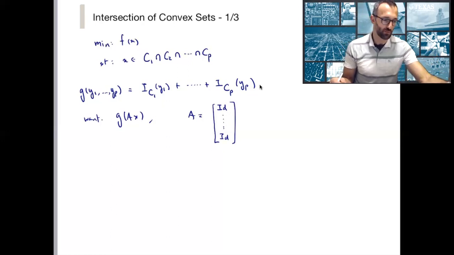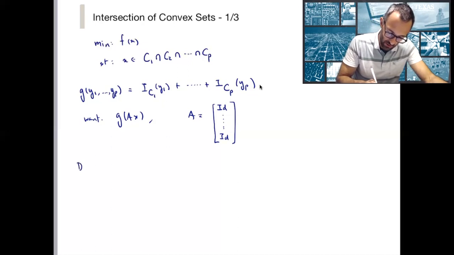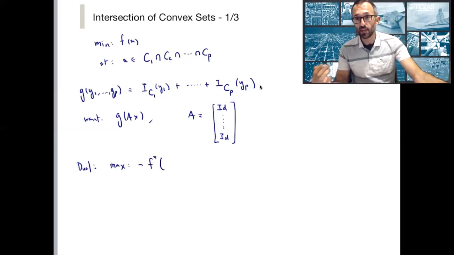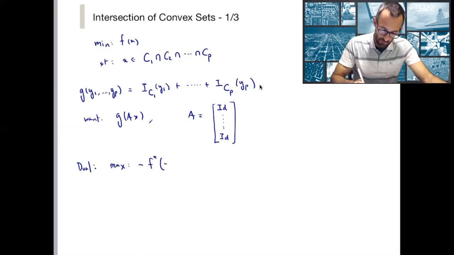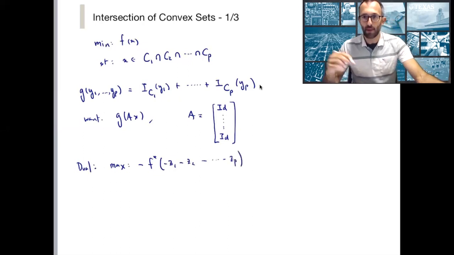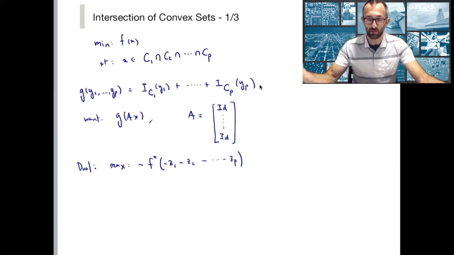That's essentially what we've been doing. And if you do that, you find that the dual in this framework is to maximize minus f star of, I'm going to have p dual variables now, minus z1 minus z2 minus zp. This is basically my minus A transpose times my dual variables.